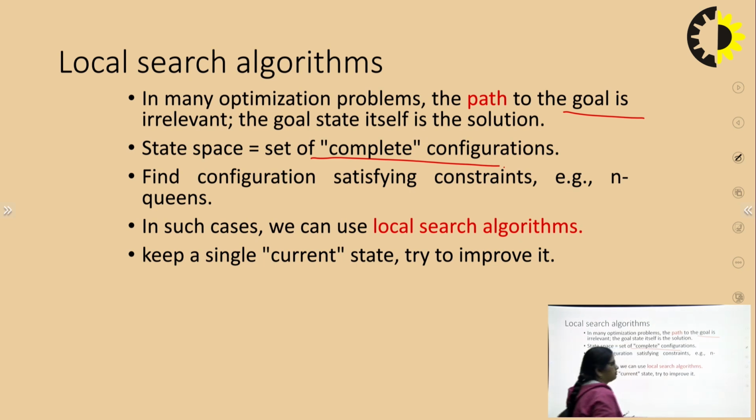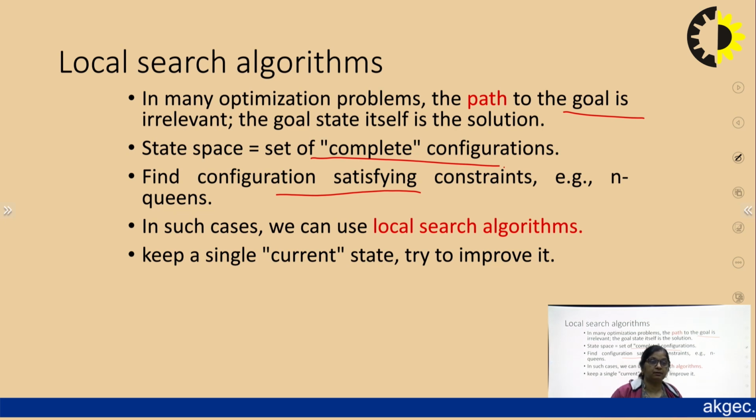We are given some initial state configuration, and what we have to find is some configuration which will satisfy the constraints. For example, checkmate has constraints, that is, it has some conditions. That is what we call constraints here. That is checkmate.